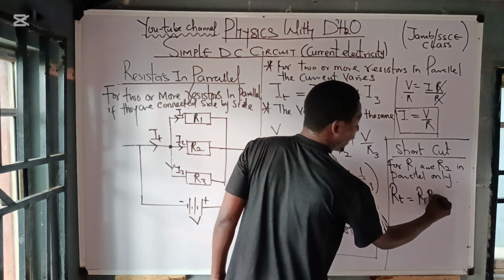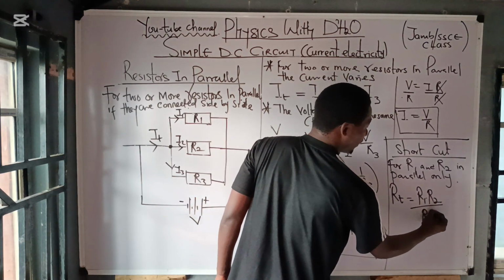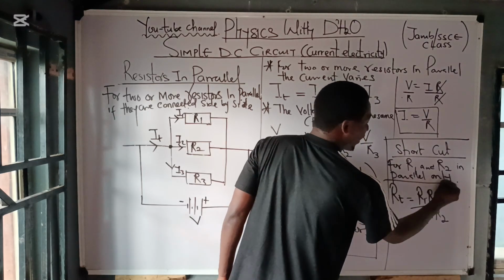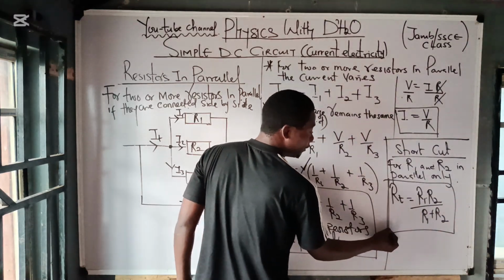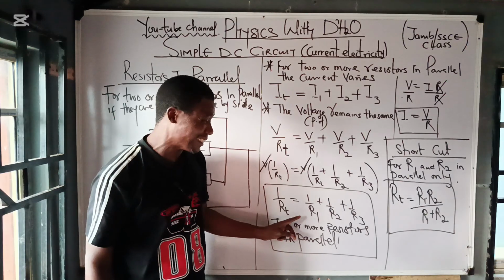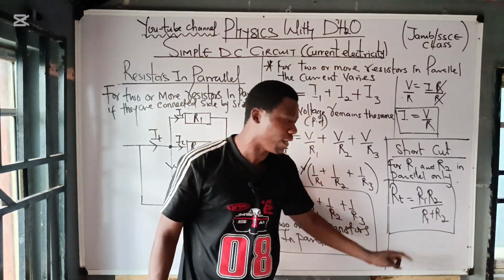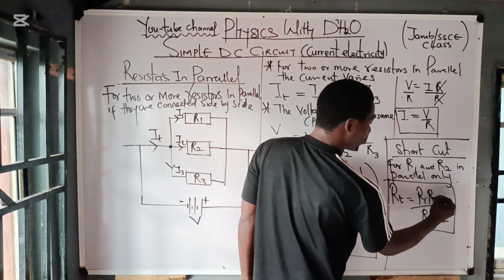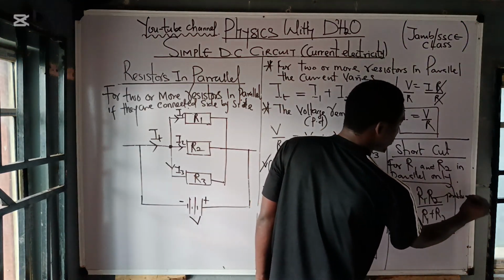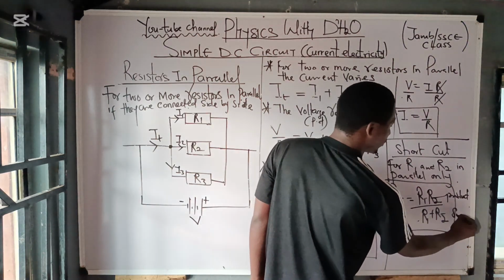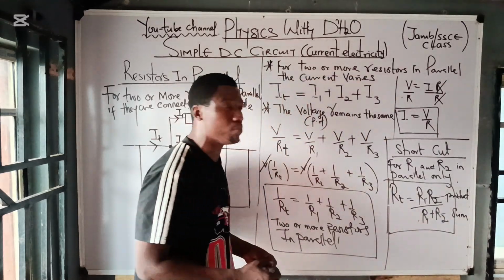R1 times R2 over R1 plus R2. So whenever you have 2 resistors connected in parallel, instead of using the other formula and looking for the LCM, it is better to use this one, product over sum. This R1 times R2 signifies product, while this R1 plus R2 signifies sum.